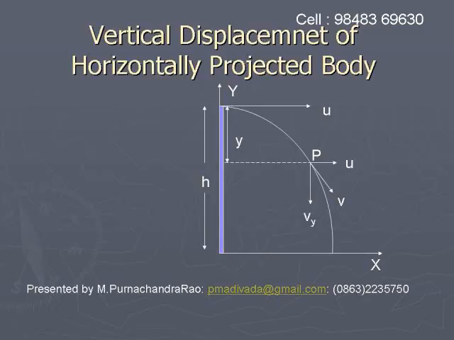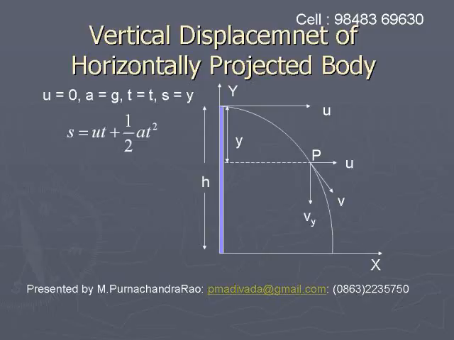Vertical displacement of the horizontally projected body. In the vertical direction, the initial velocity is considered as 0, because the horizontal component of velocity is u and the vertical acceleration is g. In the vertically downward direction, u is 0, a is equal to g, t is equal to t, s is equal to y.